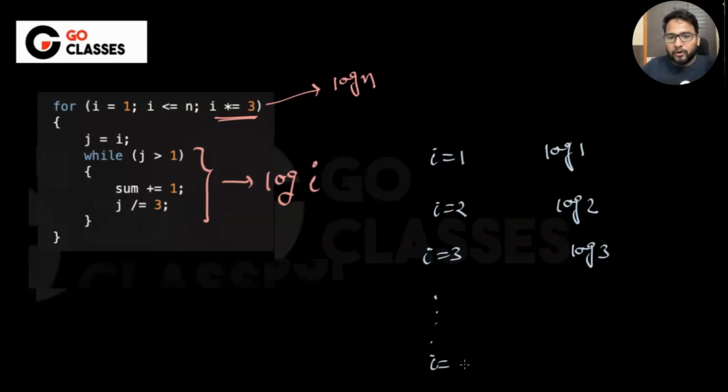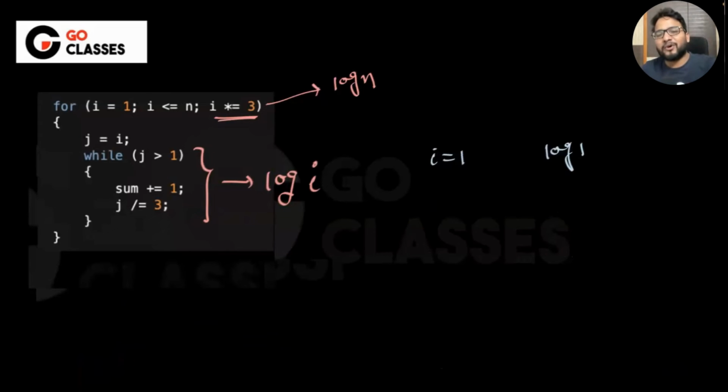Actually, this calculation is wrong. I'm intentionally trying to do it wrong, but I'm failing at it. So basically, for i equal to 1, the inner loop will run log of 1 time, but i will never be 2. Don't make this mistake.